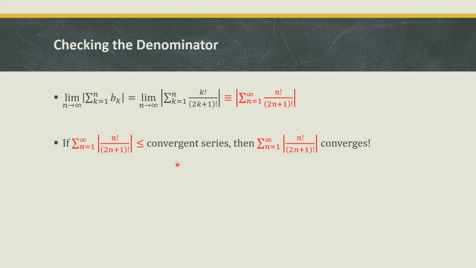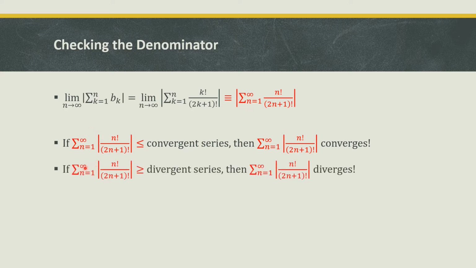Now, we recall that to show that this term converges, what we can do is find another term that is greater than this and show that it is convergent. So if this sequence or series is less than another sequence or series that is convergent, then we can say that this is also convergent.